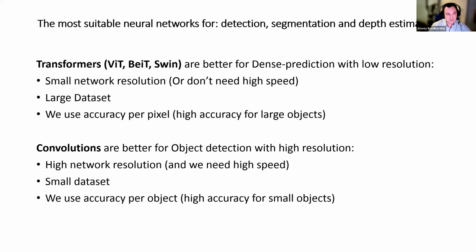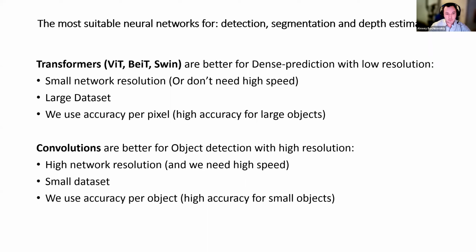And another thing, transformers are better when we use accuracy per pixel, because transformers are better for large objects. Large objects cover a larger part of the image and affect more pixels. That's why we can get high accuracy per pixel if you predict large objects very well.